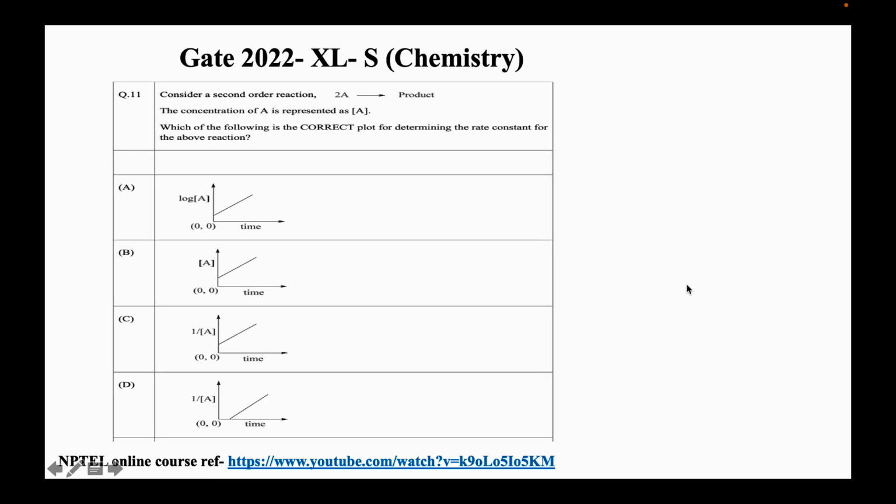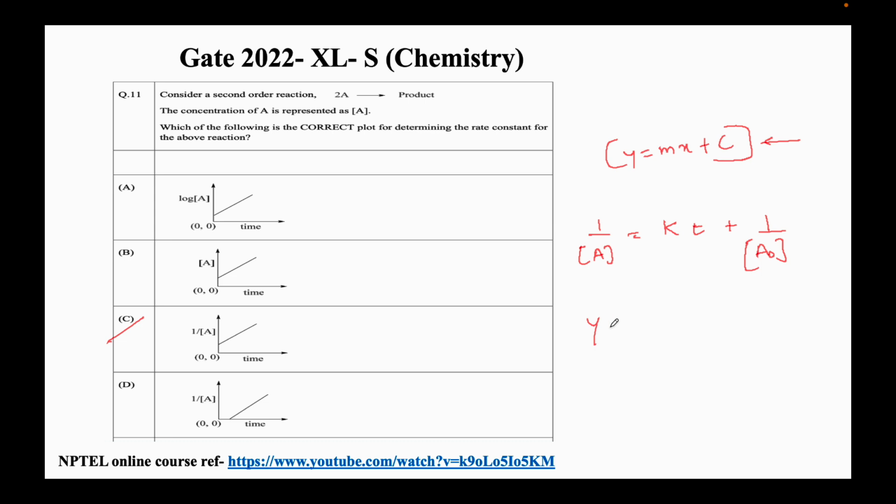Okay, so coming back to the question, what did we get? In the form of y is equal to mx plus c. As you can see, all these are straight lines. That's why we have to use a linear equation. On the y-axis we have 1 by A. We got 1 by A is equal to kt plus 1 by A0, right? Which is matching this.